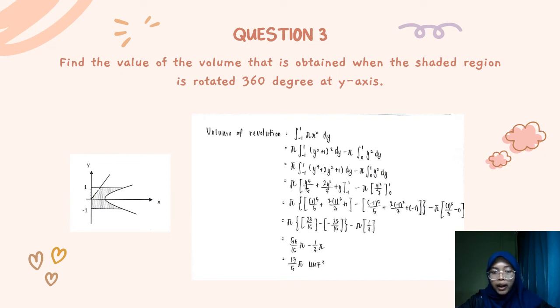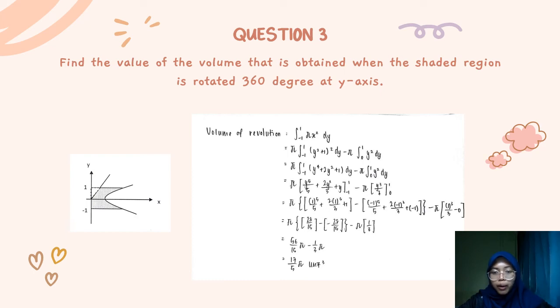And then we solve: pi integrate from negative 1 to 1, bracket y squared plus 1 squared dy, minus pi integrate from 0 to 1, y squared dy, equals pi integrate from negative 1 to 1, y to the power of 4 plus 2y squared plus 1 dy, minus pi integrate from 0 to 1, y squared dy.